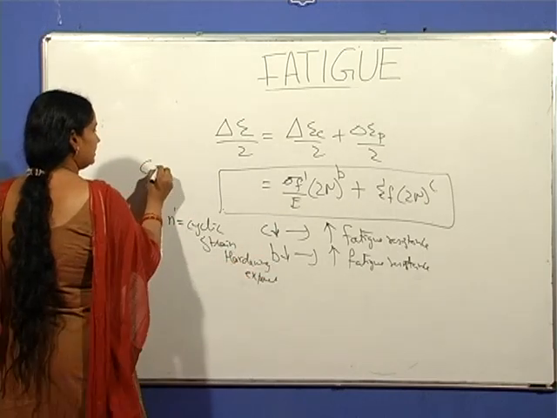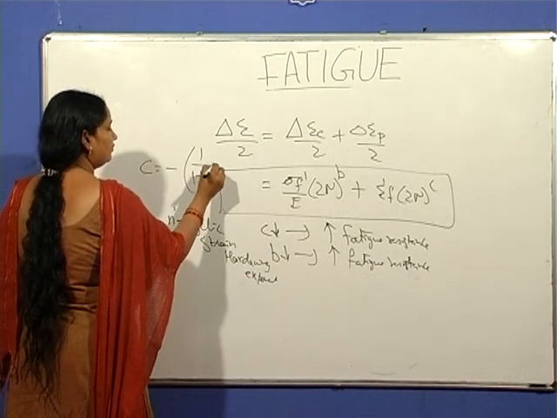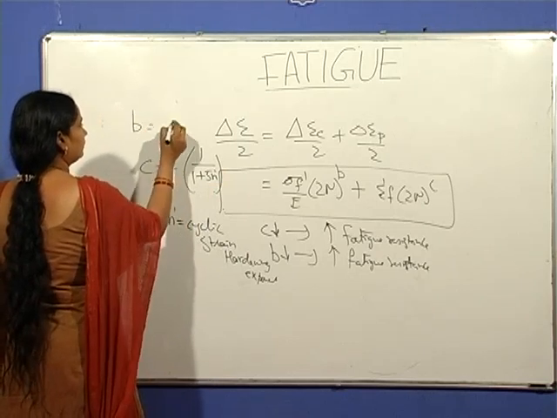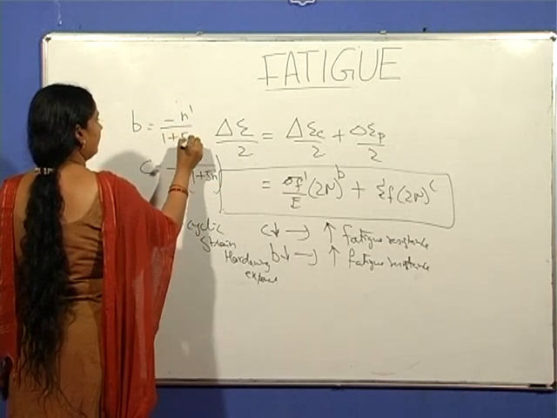So c is equal to minus 1 by 1 plus 5n prime, and b is equal to minus n prime by 1 plus 5n prime.